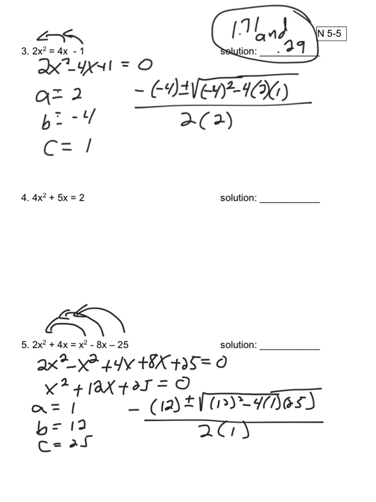Alpha y equals number 1. We had negative parentheses 12 close them plus square root parentheses 12 squared. I'm going to ask you guys the answer for this one. Minus 4 parentheses 1 close them open them 25 close them over 2 open 1 close.